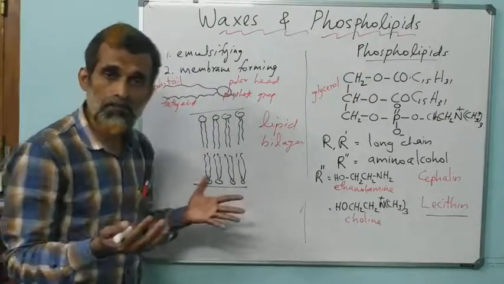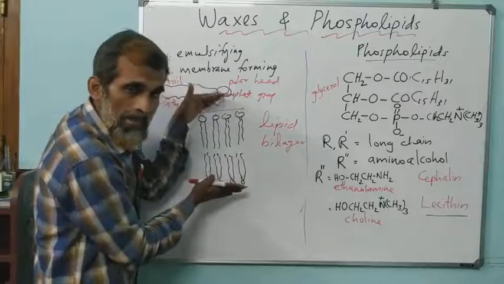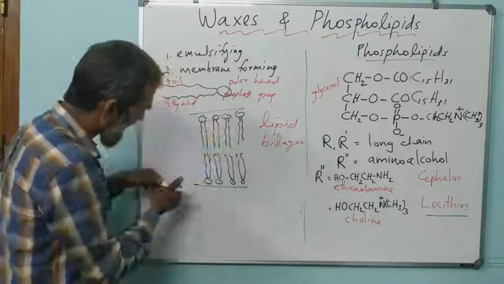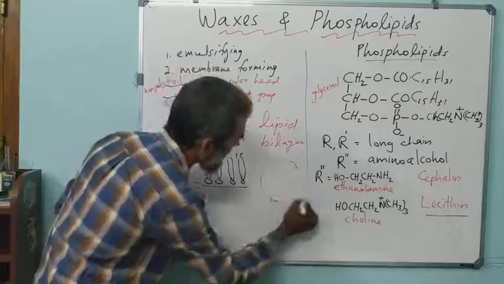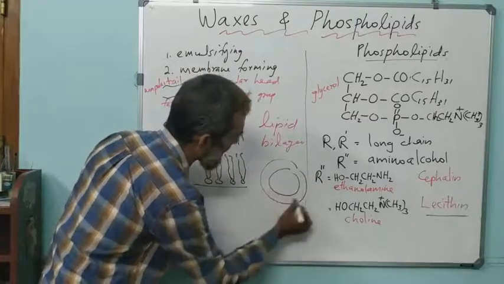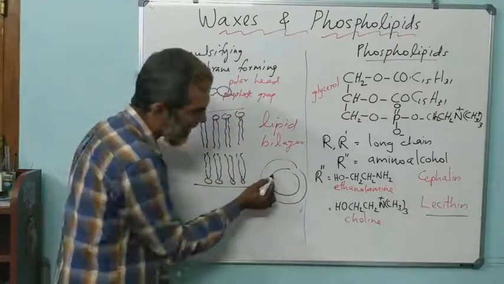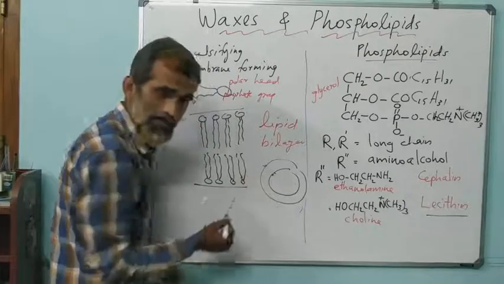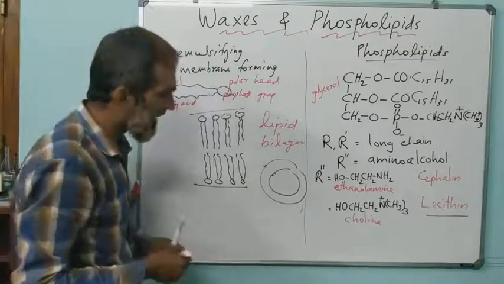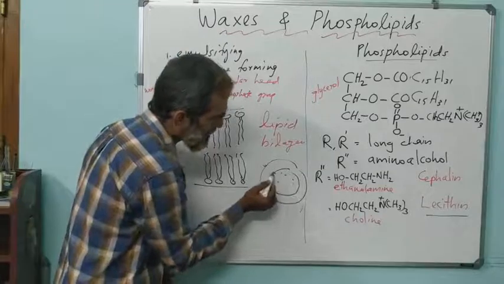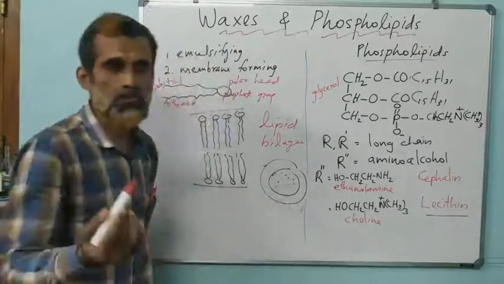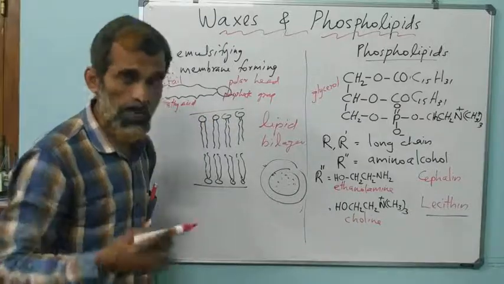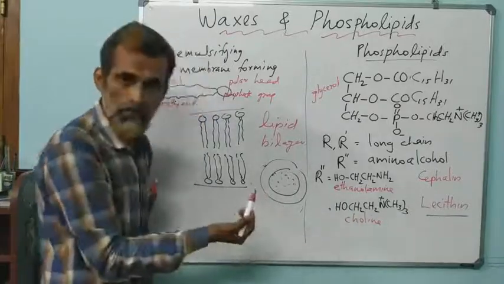So what is that doing? If the cell wall is this, having the polar heads on both sides, inside the cell these polar groups can interact with the cytoplasm, which is of course hydrophilic, because it is an aqueous medium.